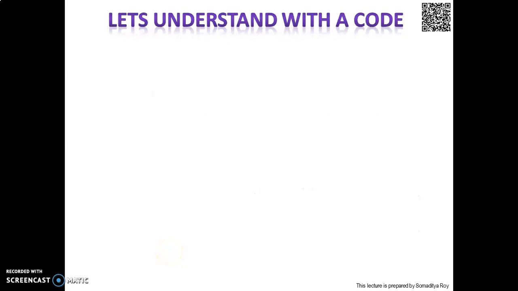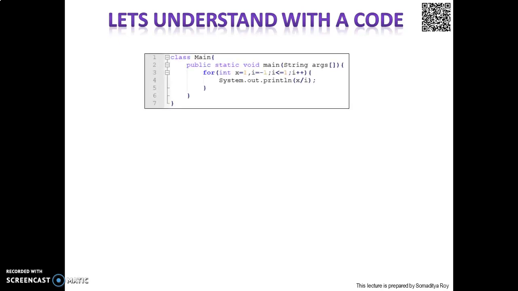So now let us understand this whole scenario with a piece of code. Let us start with a very tiny code where we have a for loop and we initialize x as 1, and the range of i is from -1 to 1, and in each iteration we will try to divide x by the value of i.